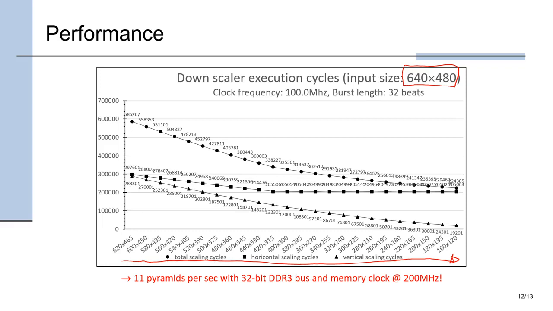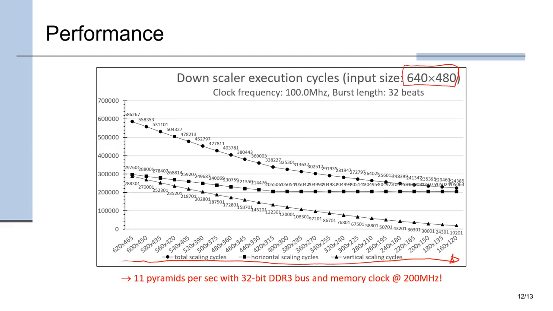These numbers are measured in real time using a hardware tick counter, so it's quite accurate. It's a number from a real system with image data stored in DRAM, read, scaled, and then output to DRAM. Right. So the number is not from simulation. Based on this chart, we know that our current implementation on this particular FPGA board can generate 11 pyramids per second, 24 level pyramids.